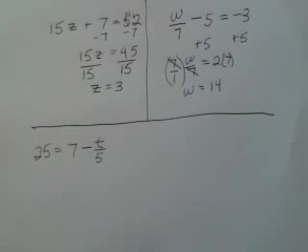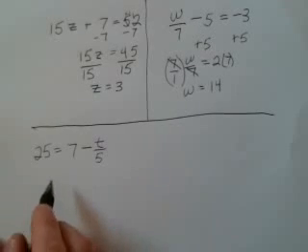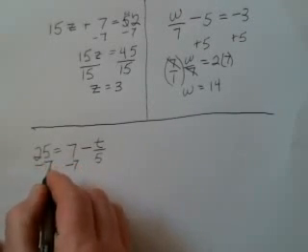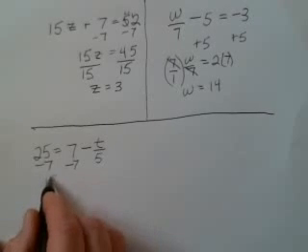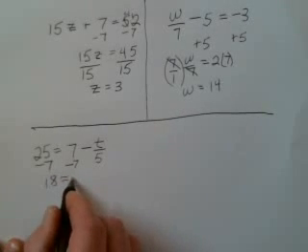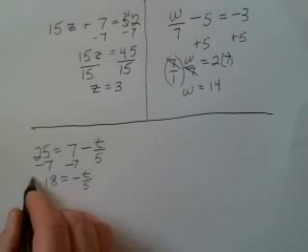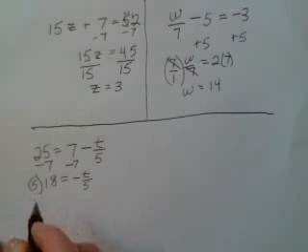Okay? Now, I want to get that t by itself, so I'm going to subtract 7 from both sides. I get 18 is equal to negative t over 5.